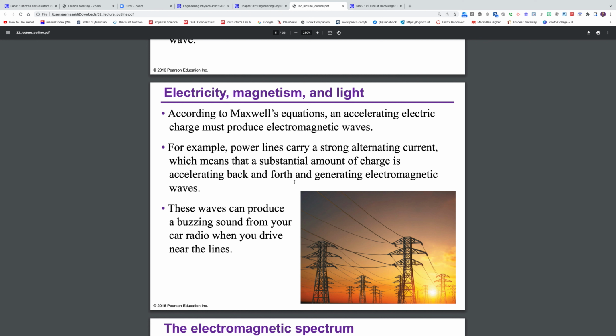They carry a strong alternating current, which means that a substantial amount of charge is accelerating back and forth. If you go nearby, your car radio will produce a buzzing sound because the car radio was able to receive these.